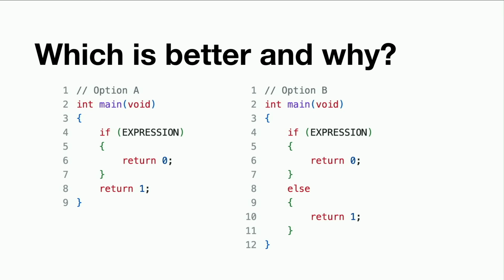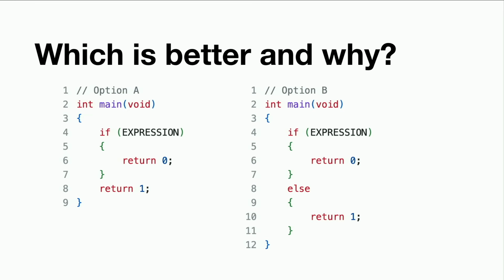Okay, yeah, so I'm seeing some people say A. Does anyone want to make a guess as to why A might be a better option here? One less line of code. It's redundant to ask else.